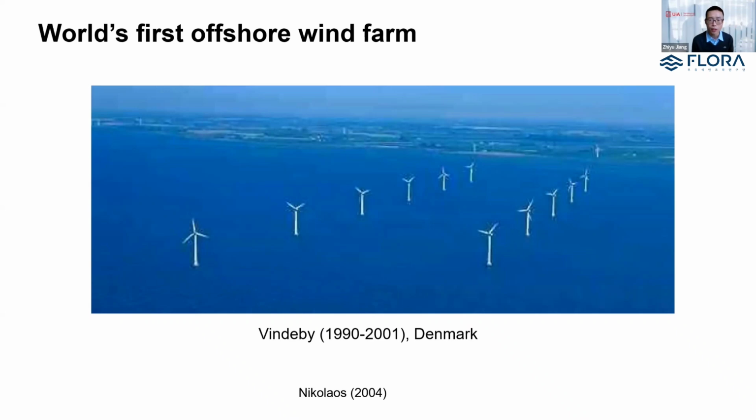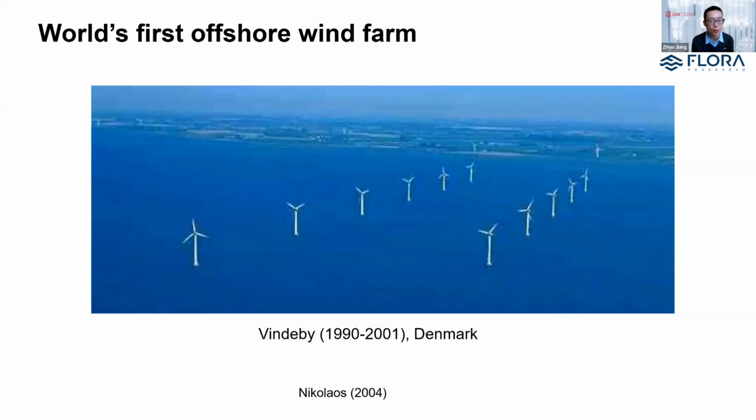Maybe many of you have already heard of this. The world's first offshore wind farm is called Vindeby. This first offshore wind farm was located off the coast of Denmark. It was commissioned in 1991 and decommissioned in 2001. At that time, the water depth was very shallow, only 4 meters.